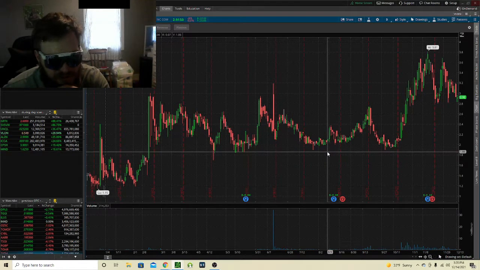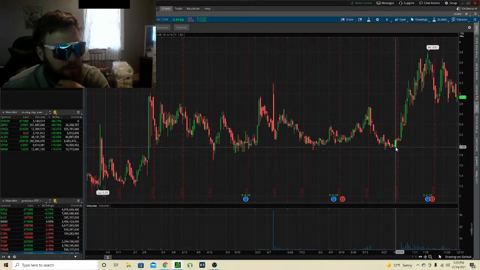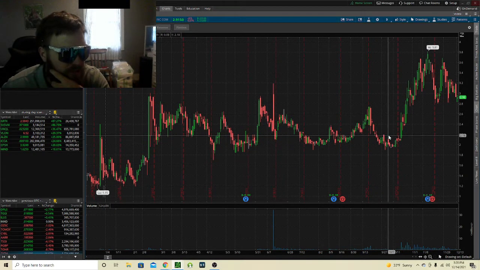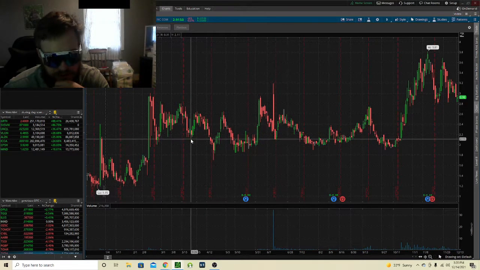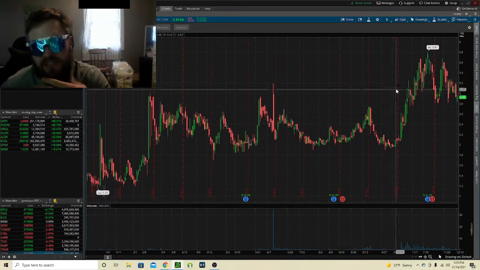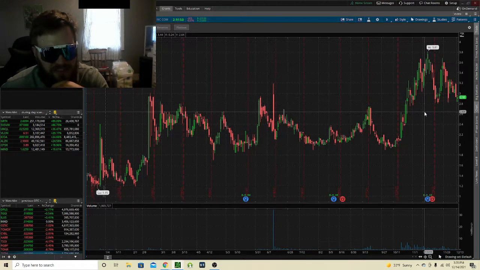Obviously there is strong support in the 180s here. You can see it's bounced off that a lot over the past year. Going back pretty far, you can see there's some here in the 220s, but the idea of the stock going down that much in one day isn't very likely either.